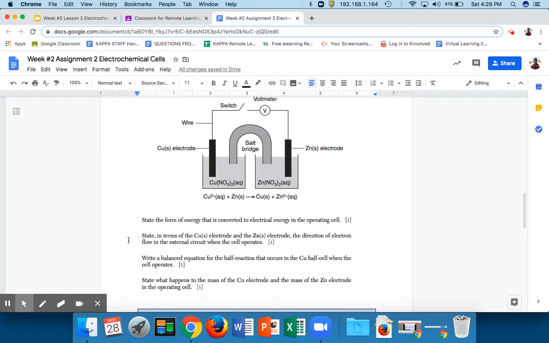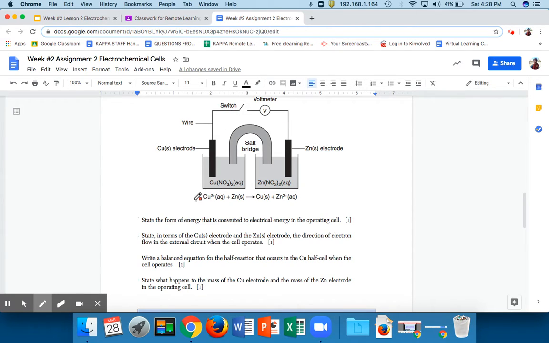2. State in terms of the copper solid electrode and the zinc solid electrode the direction of electron flow in the external circuit when the cell operates. So basically it's asking you, are electrons going to flow from copper to zinc or from zinc to copper?